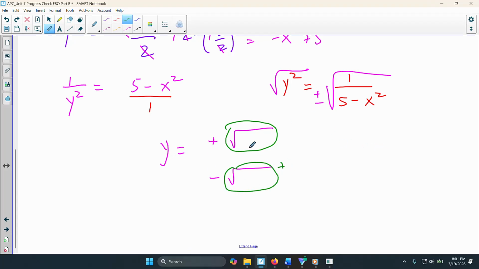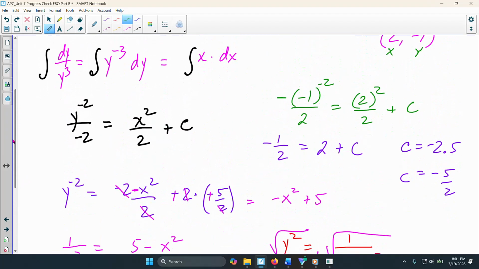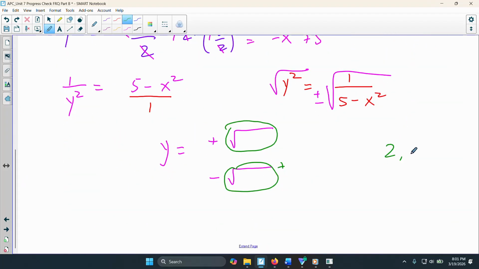The point there was 2 comma negative 1. How are we going to get negative 1 on this side? The only way of doing that is if we are using the negative version of it, whatever comes out. So the answer is going to be the negative version.